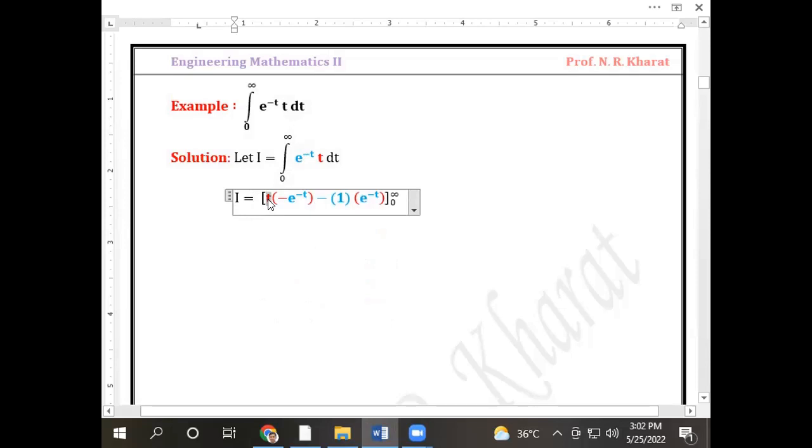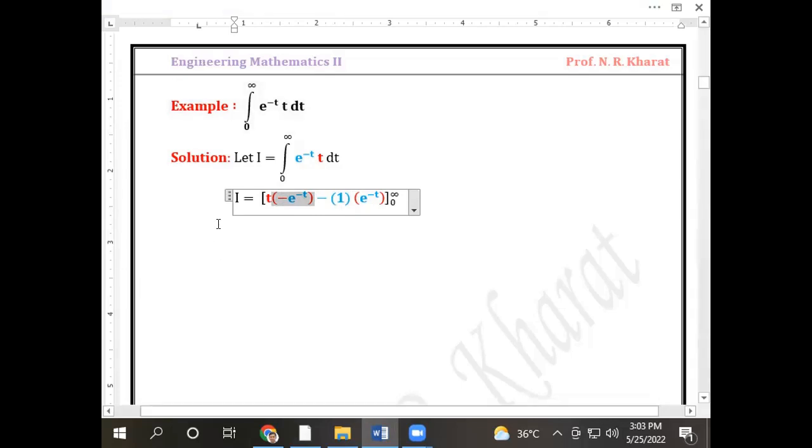Here the integration of the exponential function is minus e raised to minus t, and the first term is positive, then the second term should be negative. The derivative of t is 1, and again the integration of e raised to minus t is minus e raised to minus t.